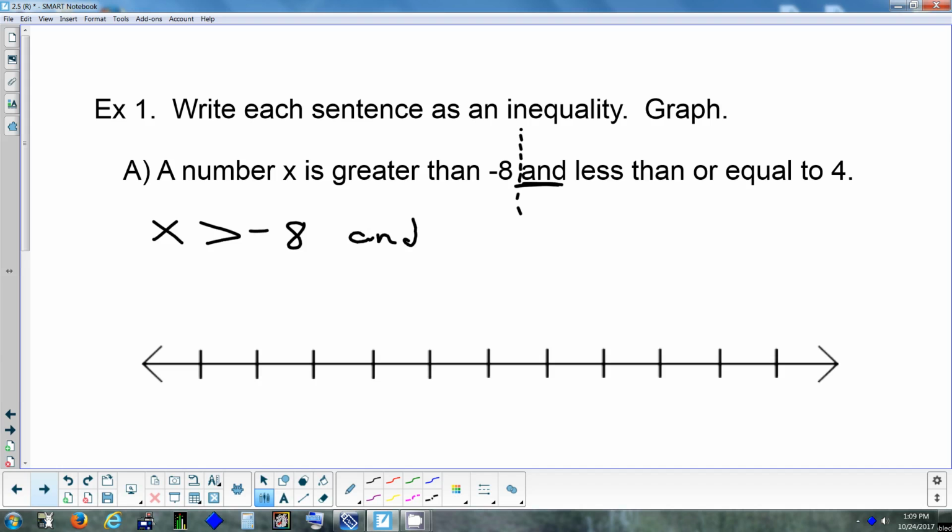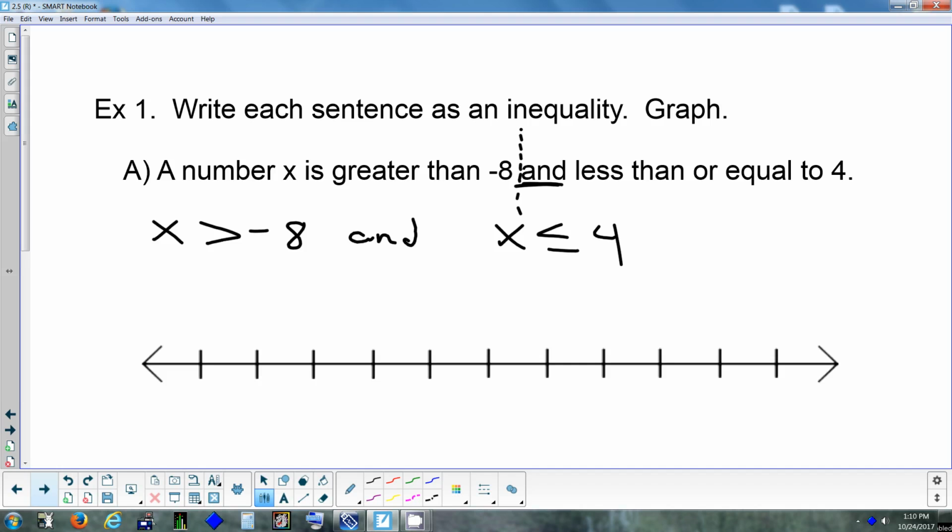So you don't have to say X is greater than -8 and X is less than or equal to something else. They're still talking about X in the second part of that sentence. Does anyone think they can give me the second part? X is less than or equal to 4. Also, it's 2 separate parts. You have an X in each part.